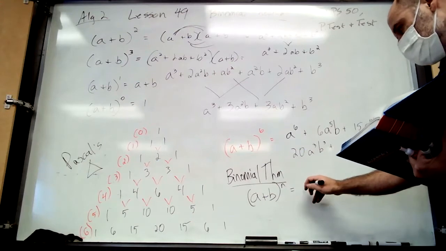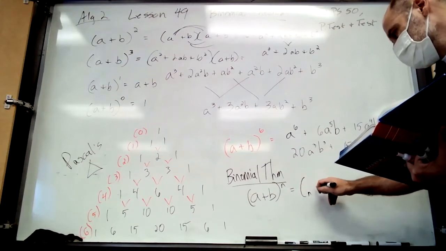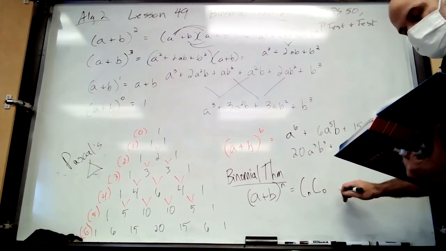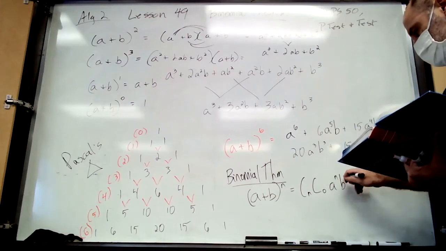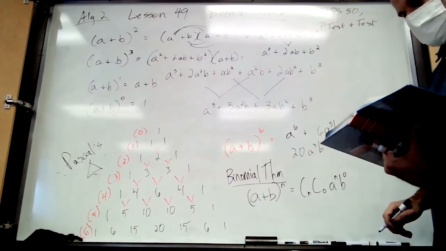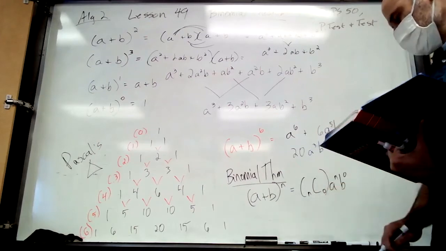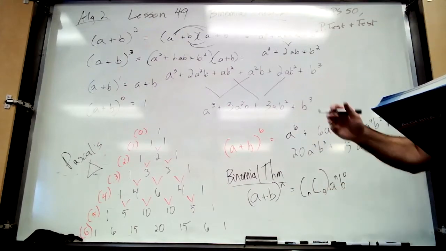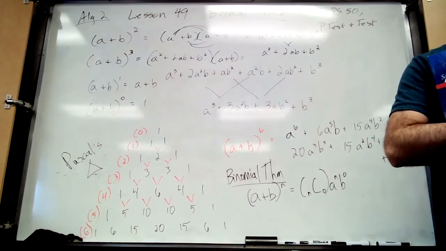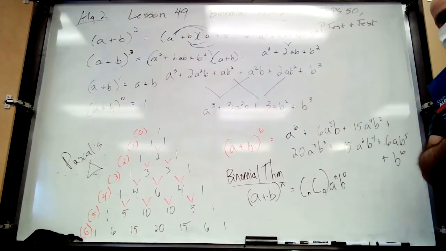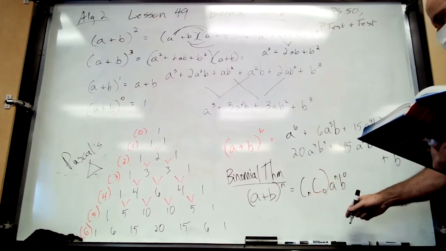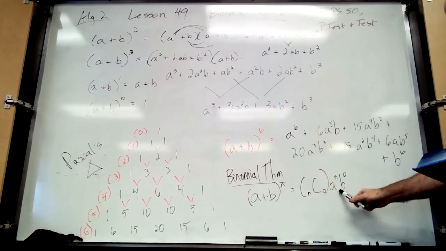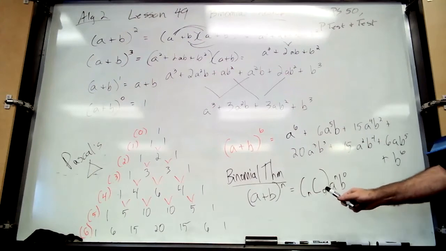The first coefficient is a combination, and then multiplied by a to the n and then b to the 0. So that combination is that number in Pascal's triangle, okay? So don't worry about the combination part of it. Just the biggest thing I want you to pay attention to is that the a's are going to go down and the b's are going to go up.